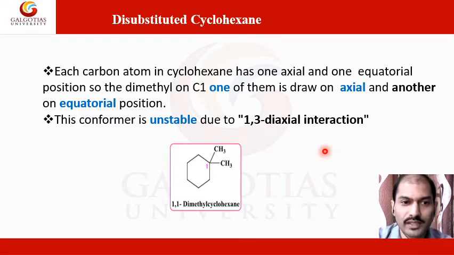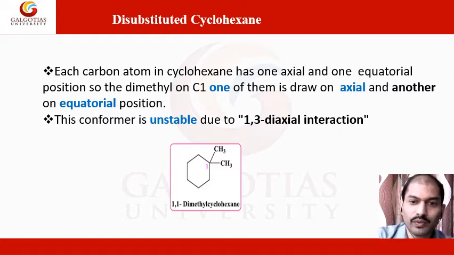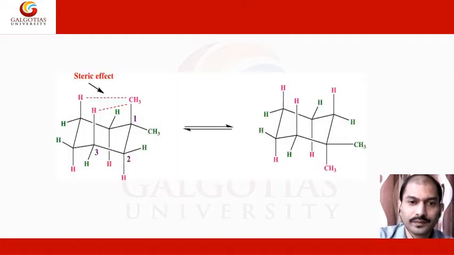So we will see here how, in the case of a substituted example, this affects the overall stability of the molecule. You can see from this molecule that the equatorial position has no such interaction, unlike the axial position of this methyl group.